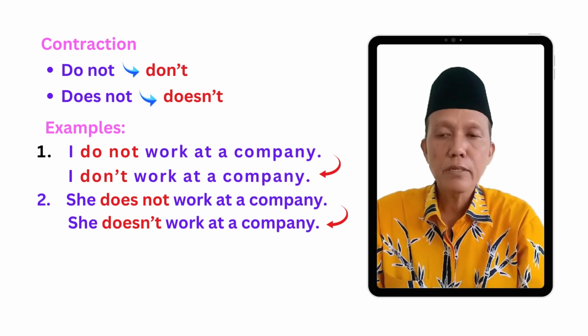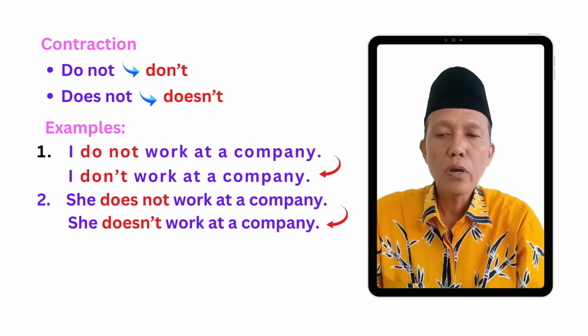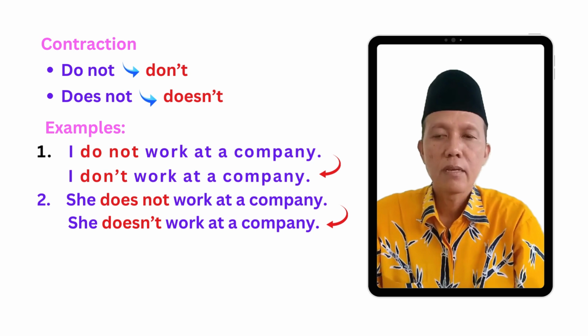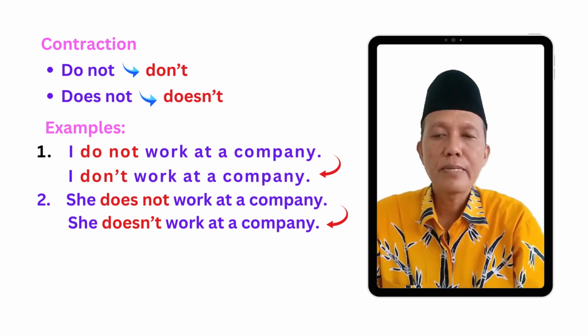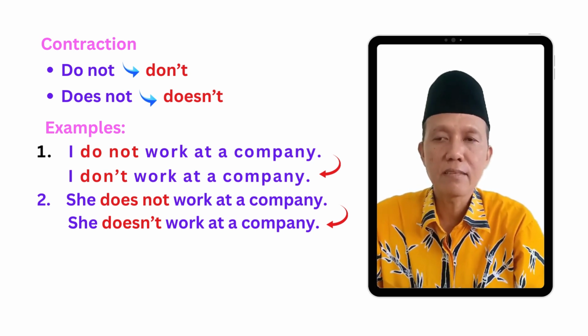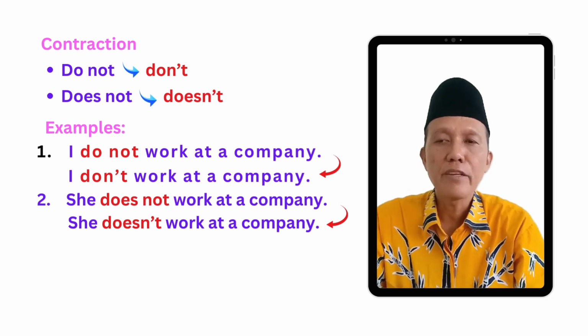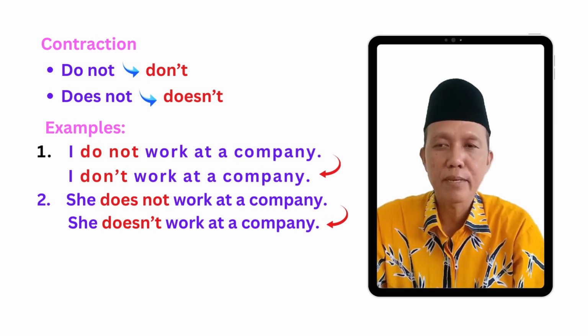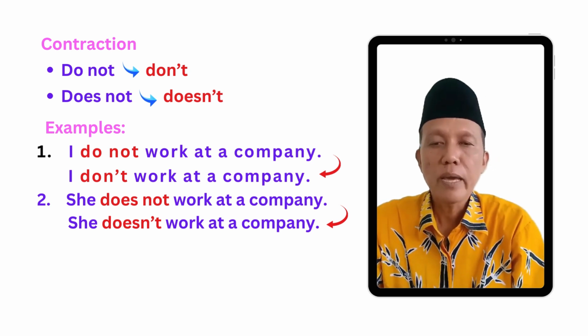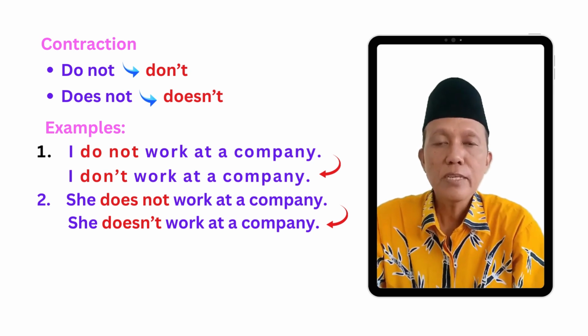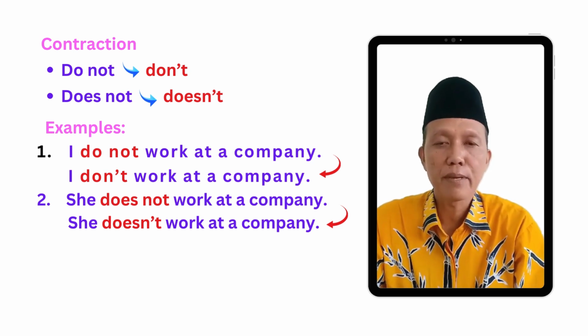The contraction for do not is don't, and for does not is doesn't. I do not work at a company. I don't work at a company. She does not work at a company. She doesn't work at a company.